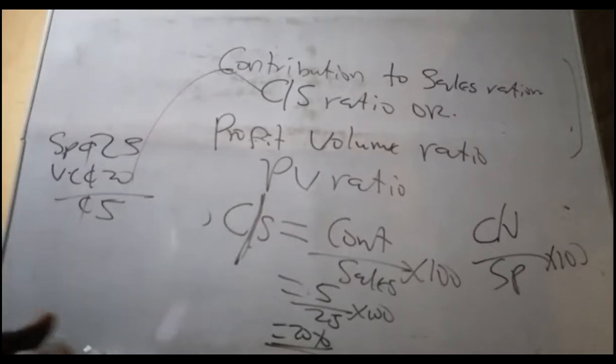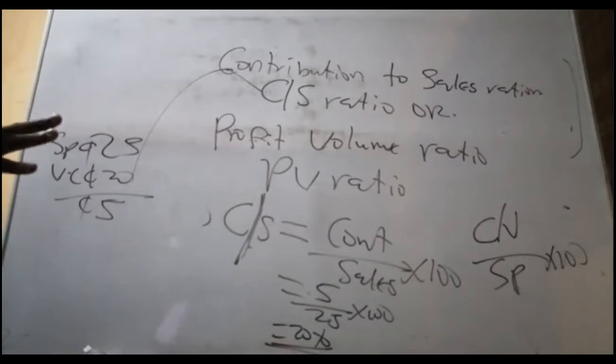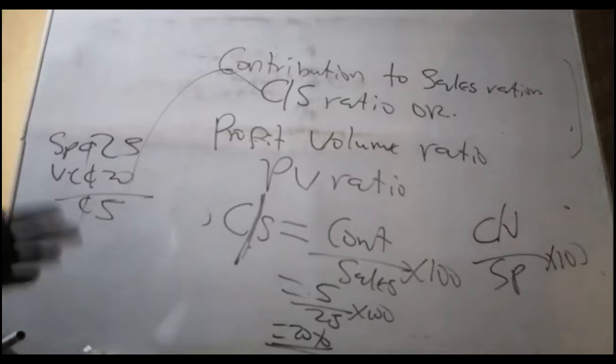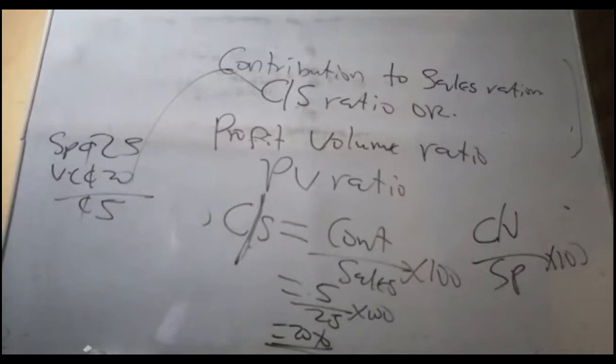Now, if you calculate CS ratio and get 20%, you should be able to understand these variables in detail. Why? Because the question that we will ask you requires in-depth analysis. So if your CS ratio is 20%, what does it imply? It implies that for every 100 Ghana cedi sales, your contribution is 20 cedis. So that tells us the variable cost will be the other percentage, that's the 80.